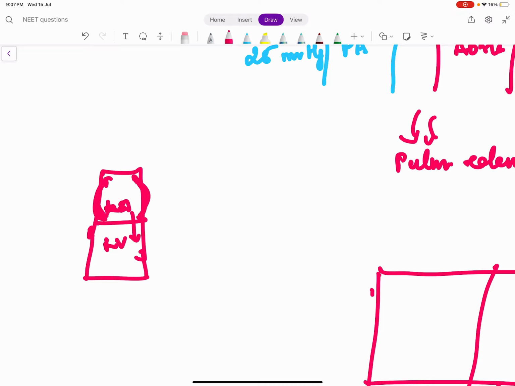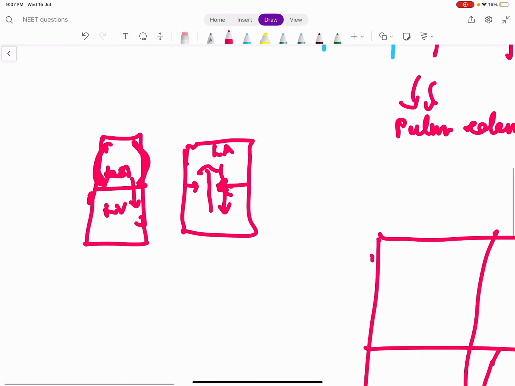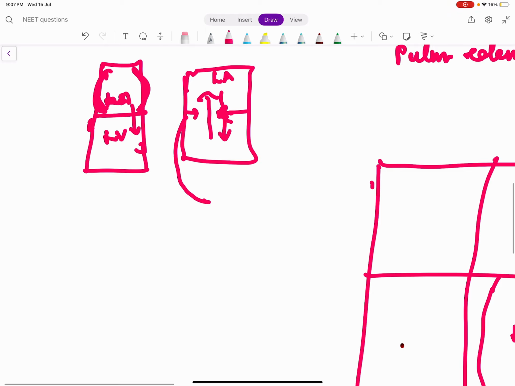During atrial diastole, blood from the left ventricle goes back into the left atrium because of the incompetent mitral valve. So the left atrium gets distended, but during the next systole, the entire left atrial blood comes back into the left ventricle. So actually, if some question comes, the LV is loaded in mitral regurgitation. It is not the LA because left atrial volume is low. So even though there is a backflow, it will come back again into the left ventricle during the next systole.